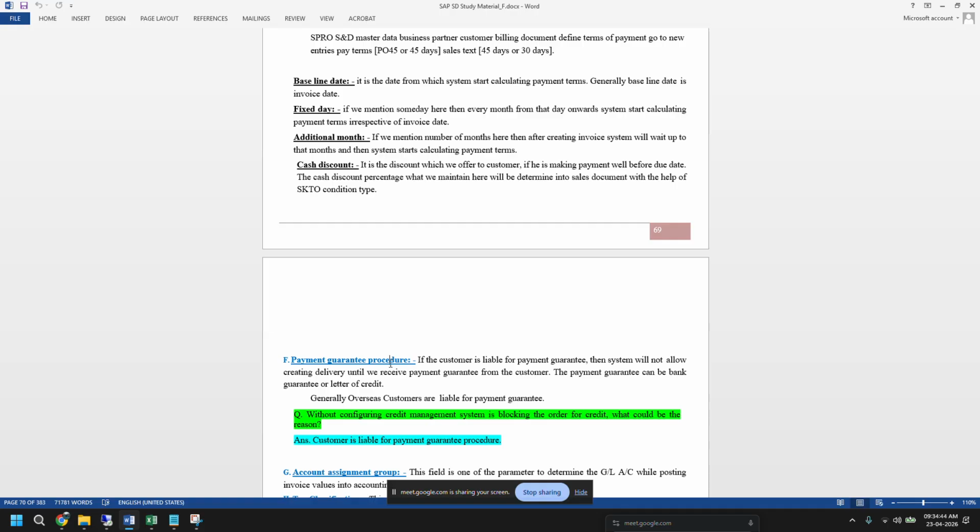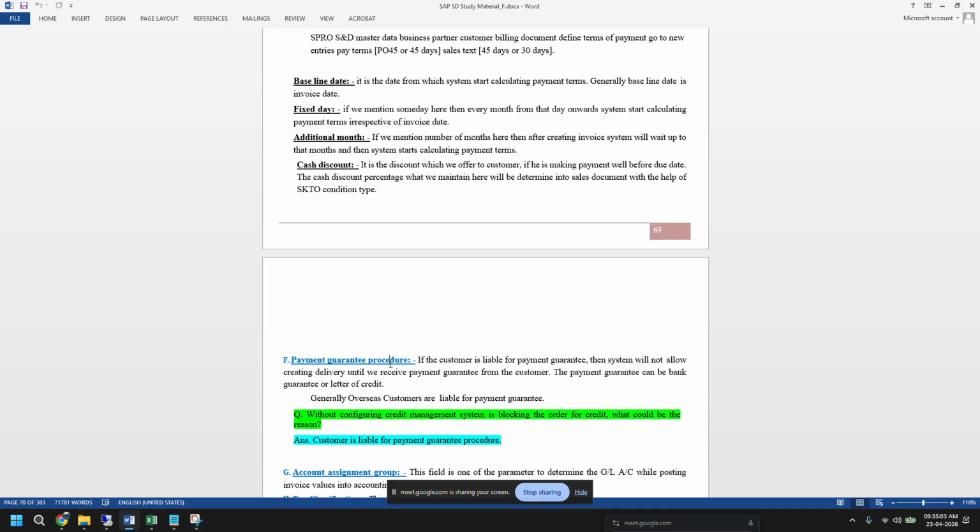Now let's take another example. In some companies, let's say I am the customer. I go to Tata Steel to buy something, and the company gives me some credit limit: up to 1 lakh I can buy goods at a time.